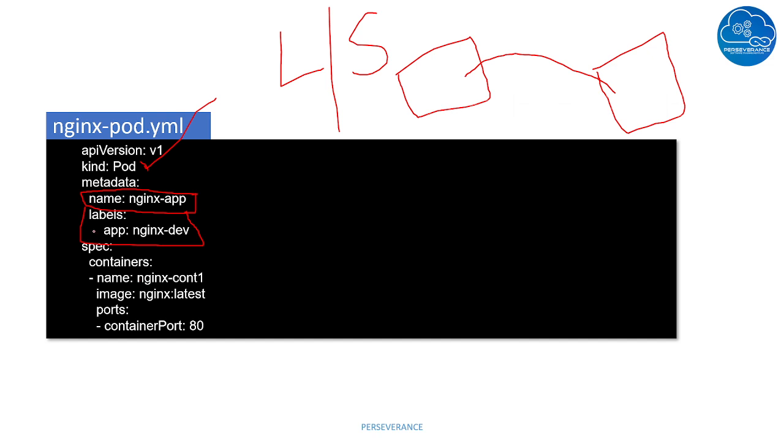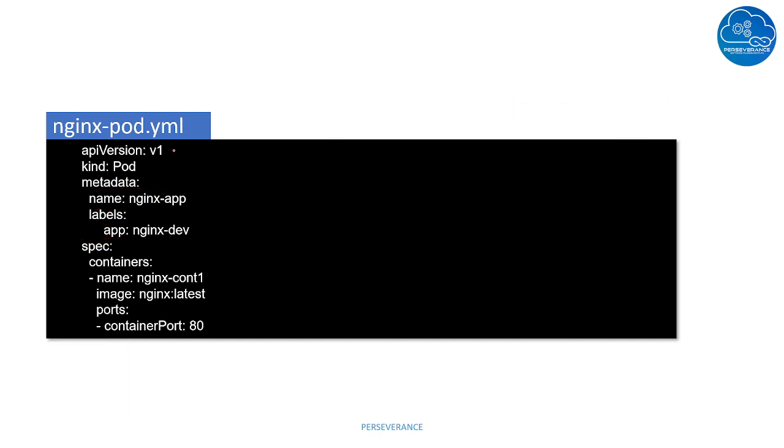So here you have something like labels. Just understand for now that for this particular pod object, we are attaching some tags. Under the labels section you can have anything here, something like app: nginx. So API version, you got it, right? Kind is the type of your object, which is pod. Metadata is all about the details of your pod, the name of your pod, and labels, which you can assign.